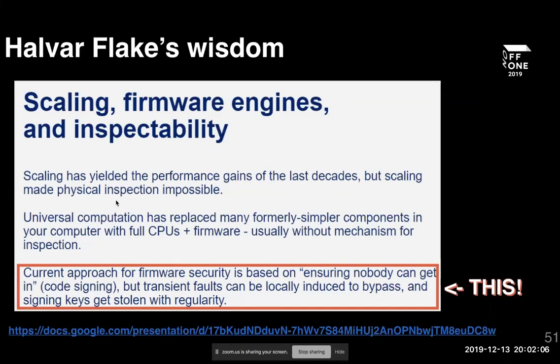One more thing from Halvar is about the signing problem, because the current approach for firmware security is based on trust in code signing. If you think about what happened in the past, the antivirus industry literally trusted every binary which was signed.